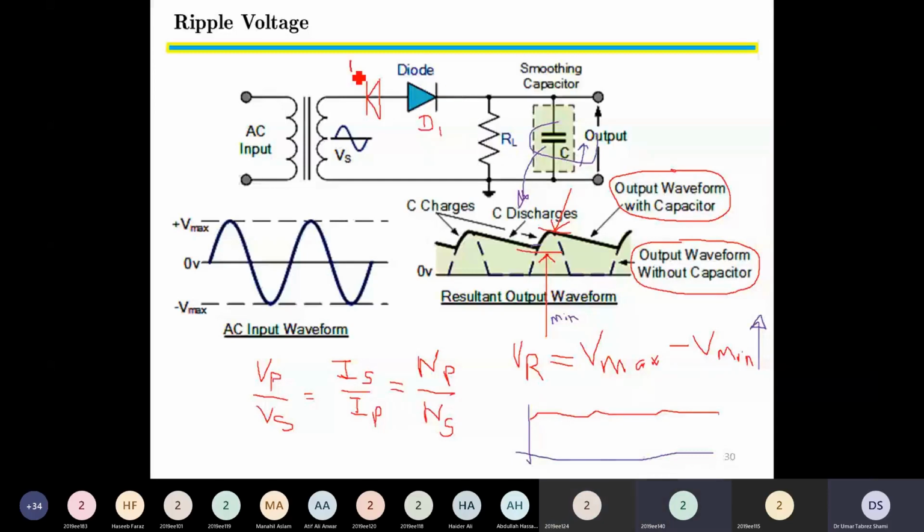Clear? Okay, sir. So when we have the positive half of the input, D2 becomes reverse biased, D1 is forward biased. But since both are in series, D2 will make the circuit open circuit.